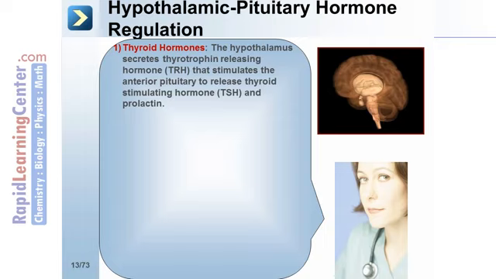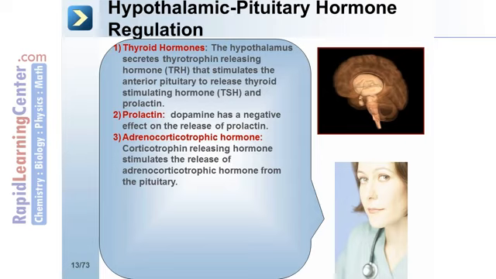TSH stimulates the release of thyroid hormone from the thyroid gland. The release of thyroid hormone has a negative feedback effect on the anterior pituitary. Prolactin. As previously mentioned, dopamine has a negative effect on the release of prolactin.